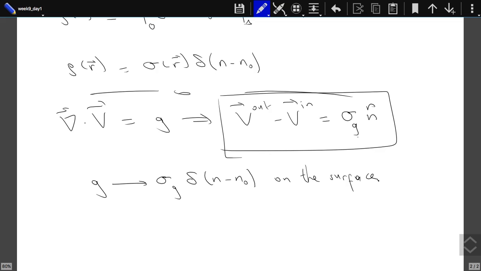If you don't like the V, let's use B. This is any vector field. Now, if you have any vector field that satisfies this equation, and G is such that it diverges on a boundary in this form, G is a Dirac delta times some finite number on the boundary, then this G appears over there.